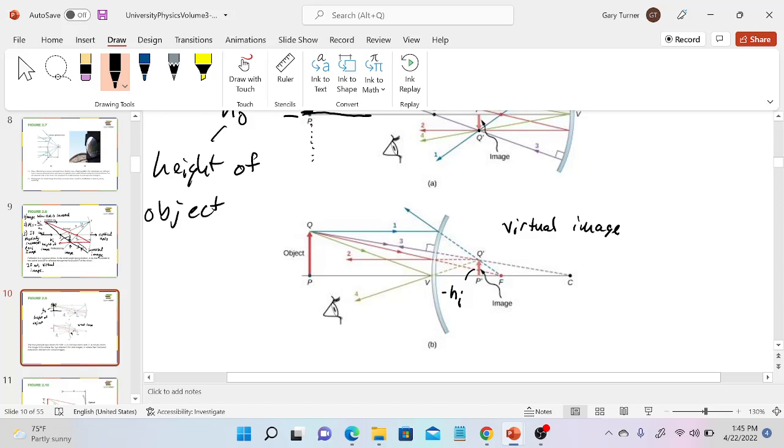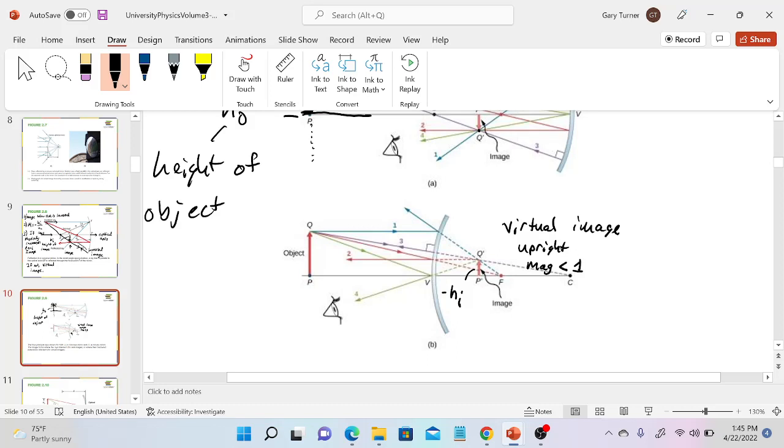And so this particular image is going to be virtual, upright, and a magnification of less than 1.